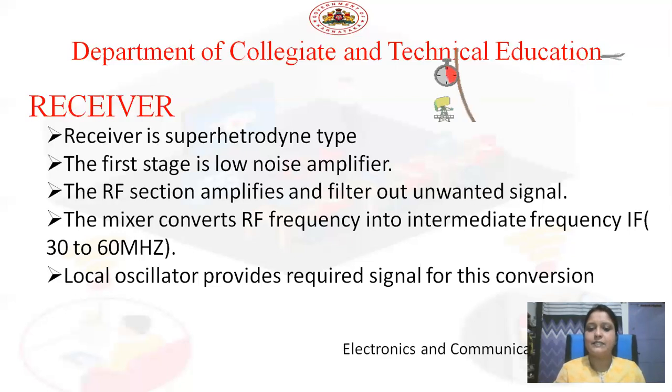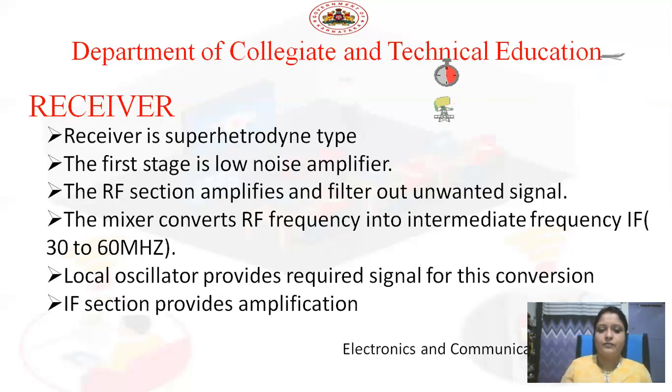The local oscillator generates that signal and gives it to the mixer so that the mixer will convert the RF into the IF signal. The IF amplifier then provides amplification to the IF signal here.